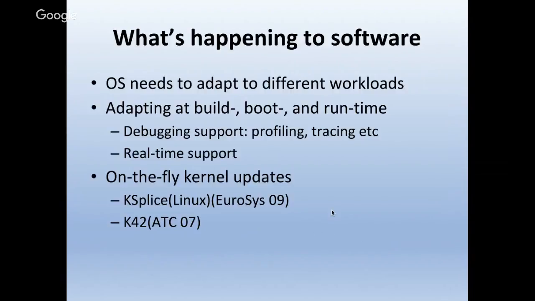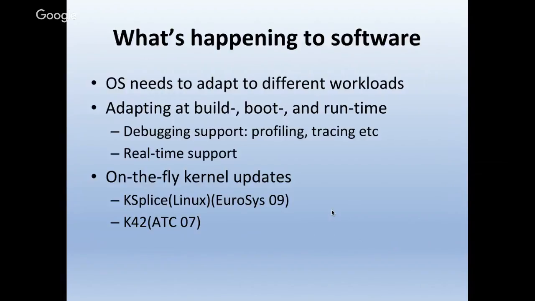So what's happening to software? In software, we usually need to adapt the OS to different workloads. Now, general purpose kernels are very useful, but we still have to adapt by modifying build, boot, and runtime, for example, to facilitate debugging with profiling and tracing.